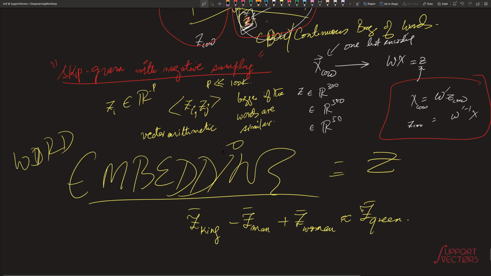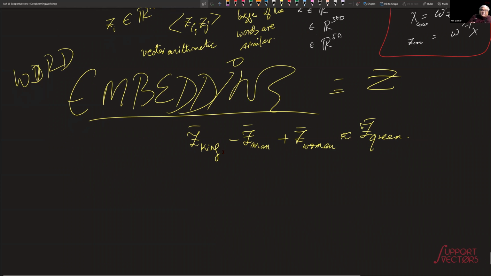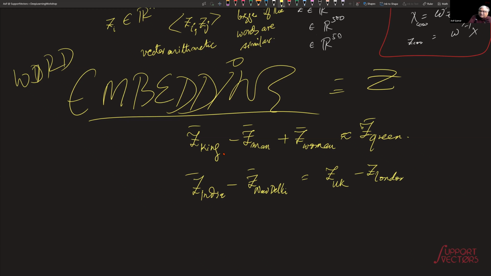They thought they were onto something interesting, and they were, of course. The other thing is, let's say Z of India minus Z of New Delhi is equal to Z of, let's say, UK minus Z of London.